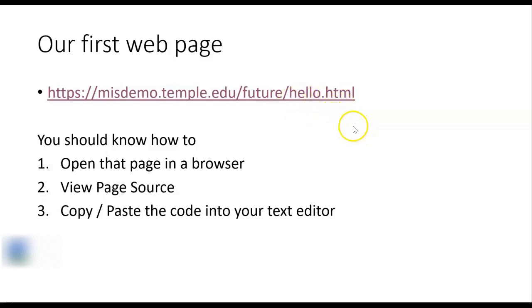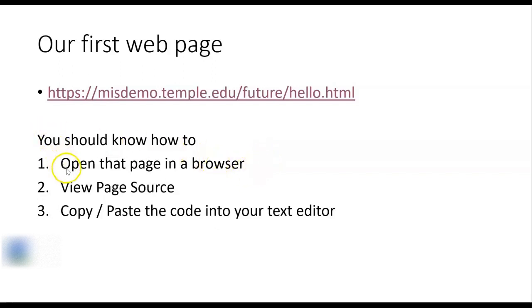Now that you are savvy enough to create files and folders on the desktop of your Windows PC, we're going to take the next step and grab the HTML that defines this page, and copy and paste it into our hello.html file that we have on our desktop. So this should not be a super technical thing.